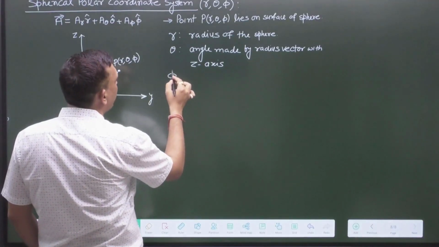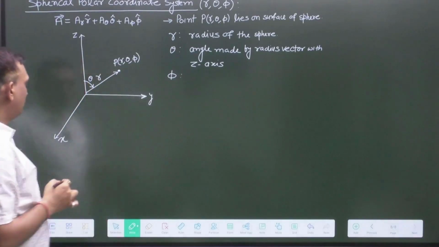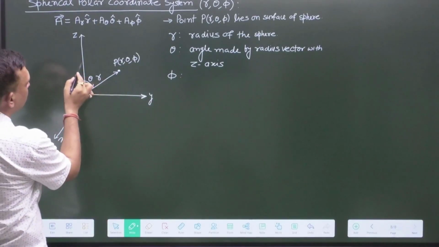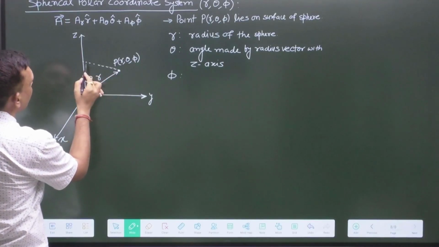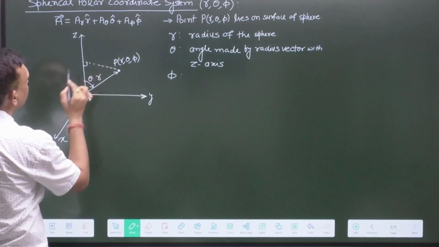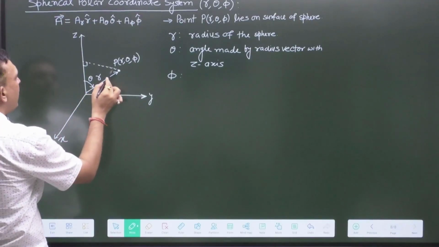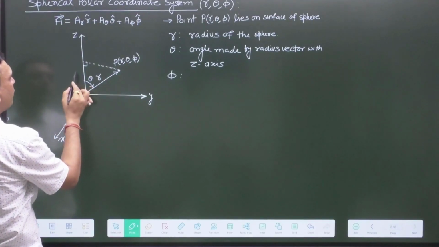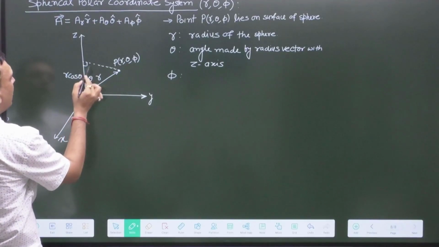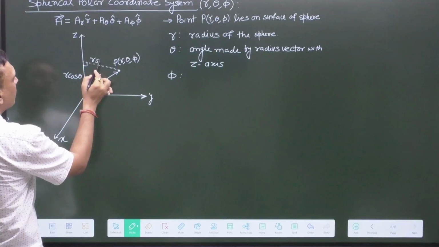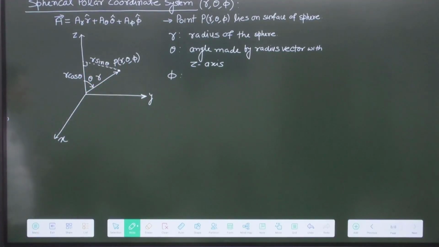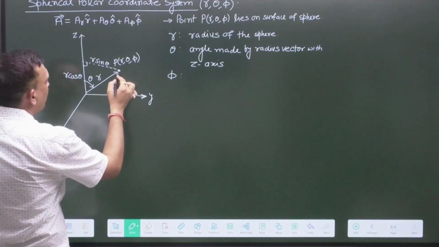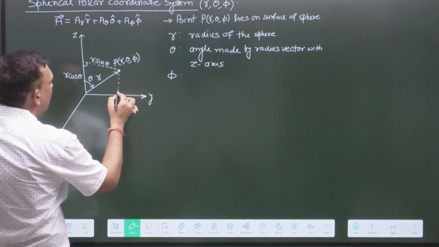And what will be angle phi? Now let's draw a perpendicular on z-axis. So this angle is 90 degrees. And in this triangle, the projection of r along z is r cos theta, and in the perpendicular direction, the projection is r sin theta. Now let's draw a parallelogram.